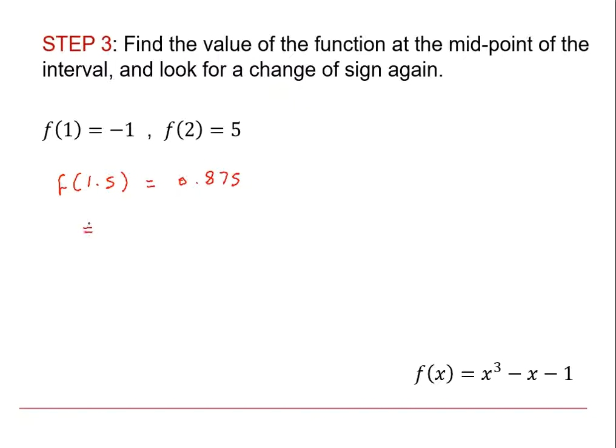So we can say now that we're going to keep the left hand limit of x equals 1, and now we're going to change from x equals 2 for the right hand limit to x equals 1.5. So we've got a change of sign.